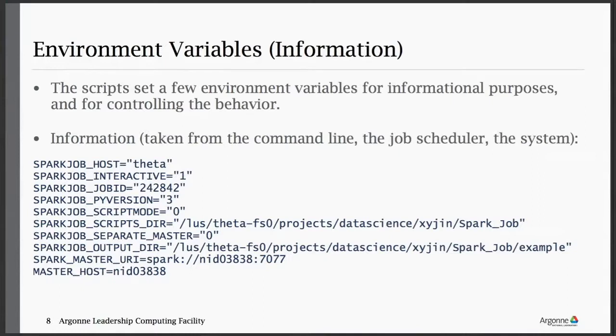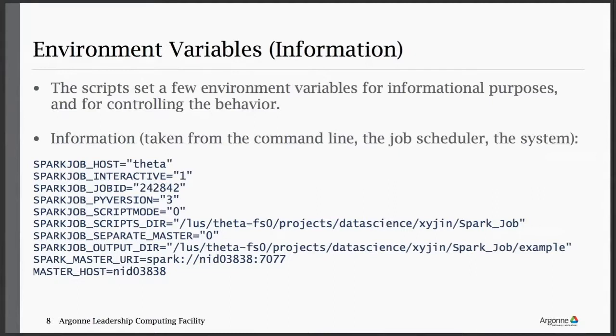The Py version is just the argument, the script mode. The script dir is the Spark job. In this case, I actually ran on my own instance of the Spark job, which is what I've been developing, so it's under my data science directory.